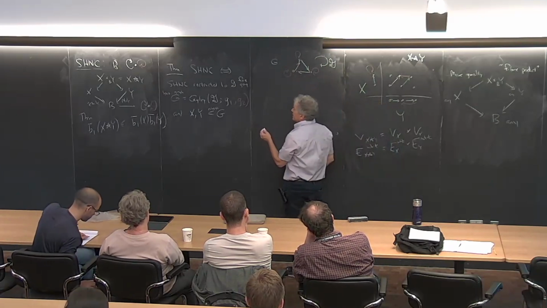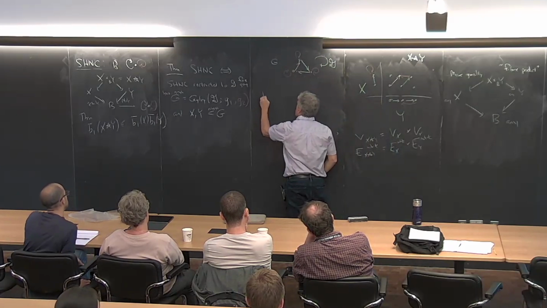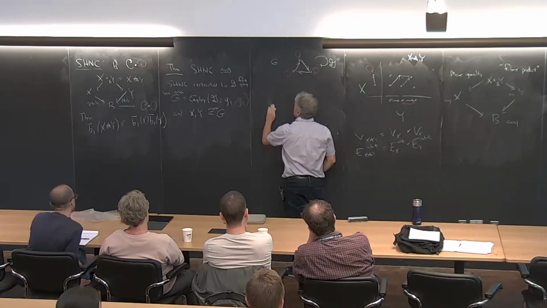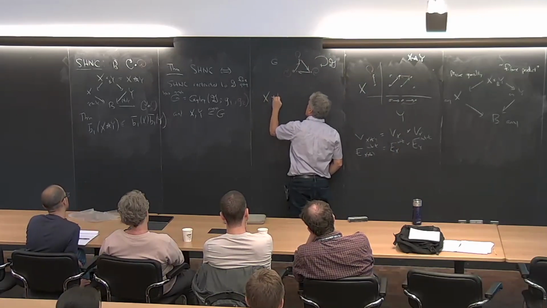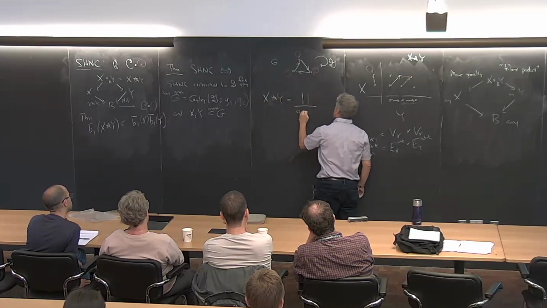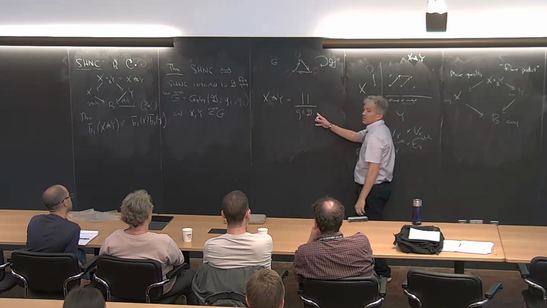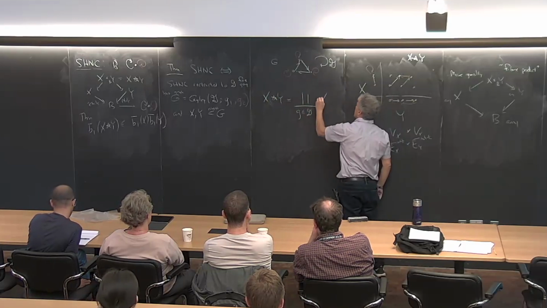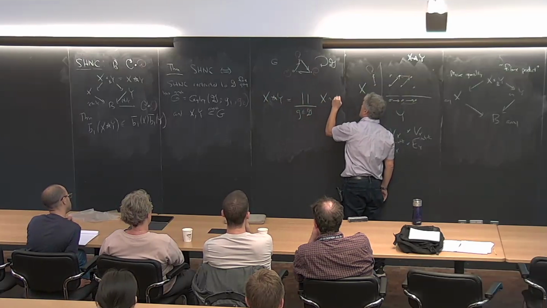And then the claim is that X star Y is the same as disjoint copies, over all the group, of X intersect GY.